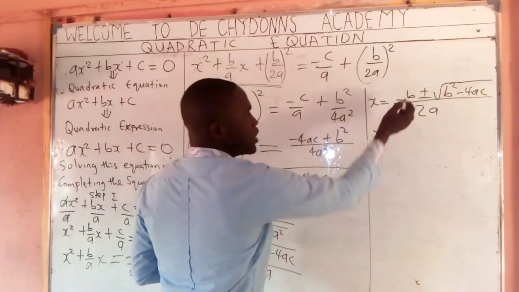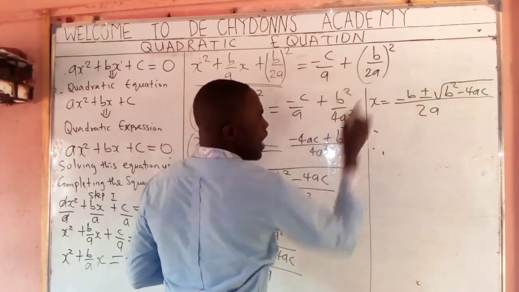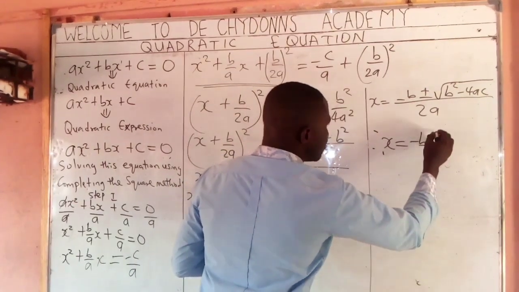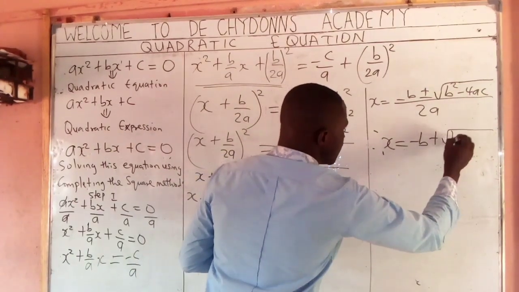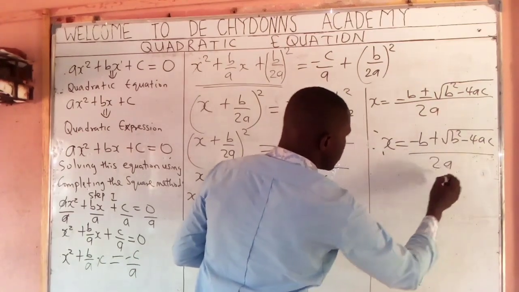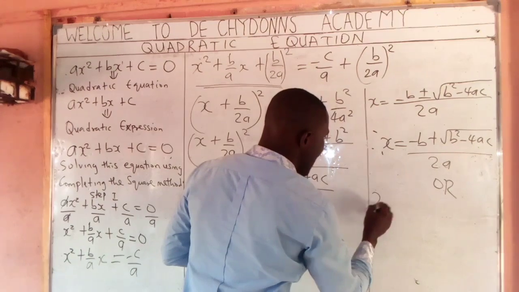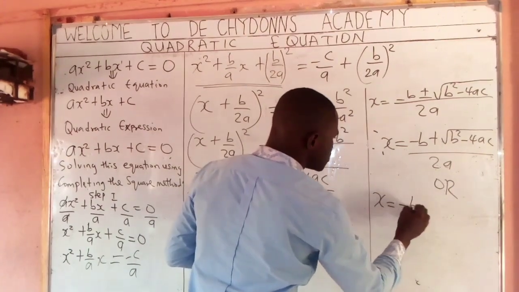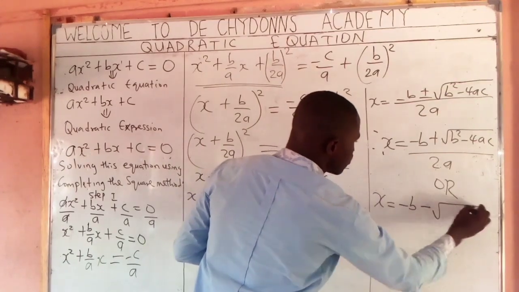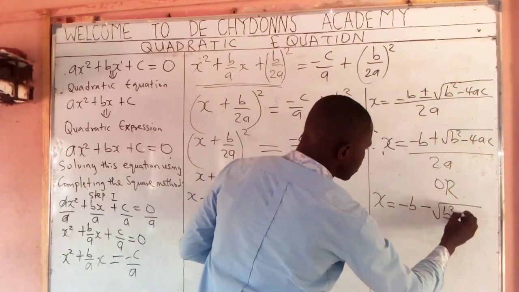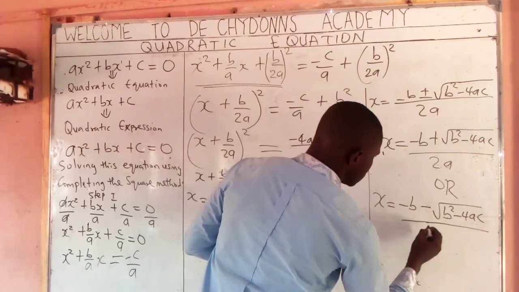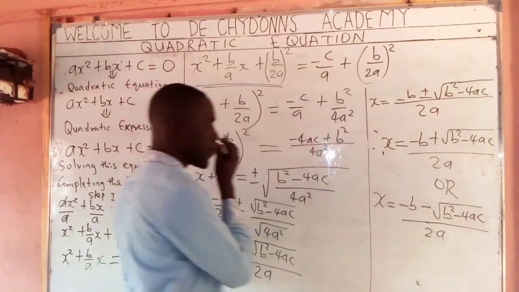This plus or minus you have here simply means that x is equal to minus b plus the square root of b squared minus 4ac all over 2a, or that x is equal to minus b minus the square root of b squared minus 4ac all over 2a.